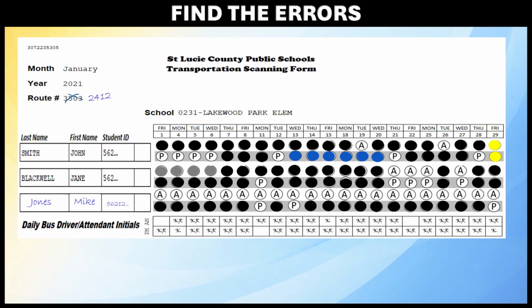Take a few moments to see if you can identify the errors on this Medicaid bubble sheet.